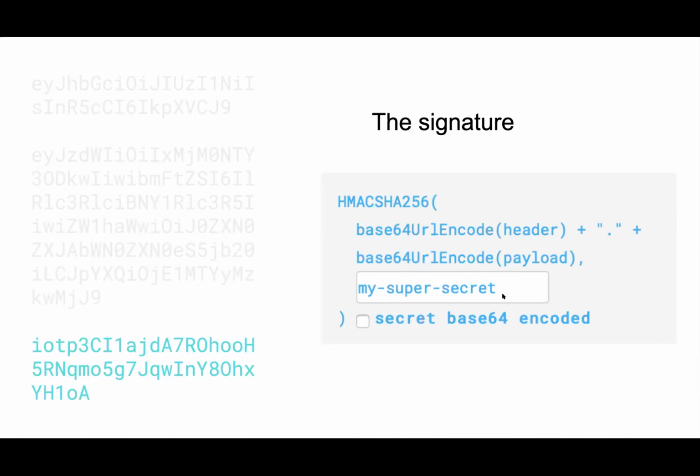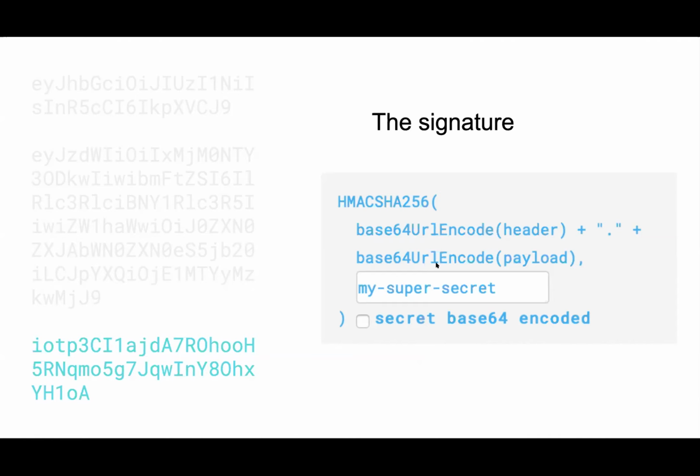What we get out of that function is a unique signature that only possessors of this key will be able to create. So if you keep that key super secret, you can be reasonably sure that no one will be able to forge your signature onto this token.